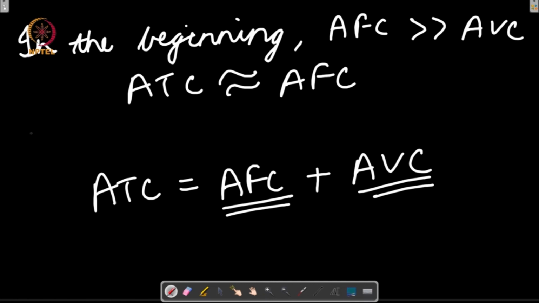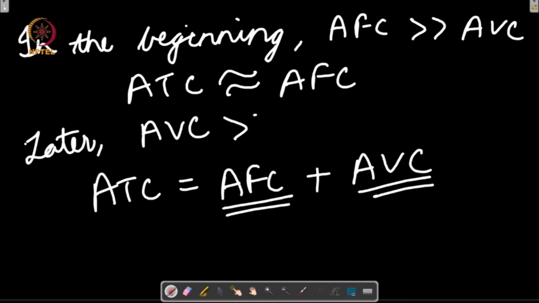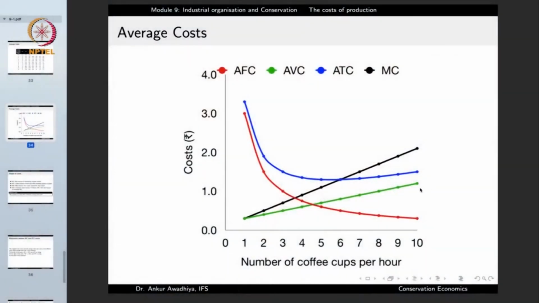But later on, what happens? The average variable cost becomes very much greater than the average fixed cost, which is what we are observing here, because the average variable cost has been increasing with more cups of coffee. So it has increased to a large value, whereas the average fixed cost has continued to decline in its value.